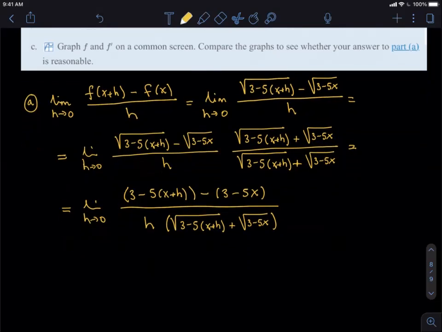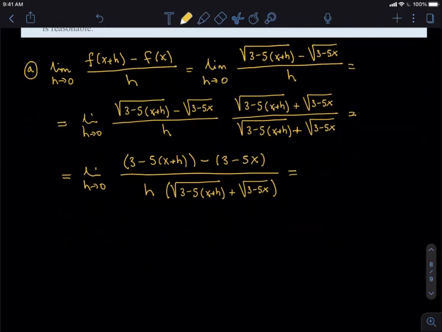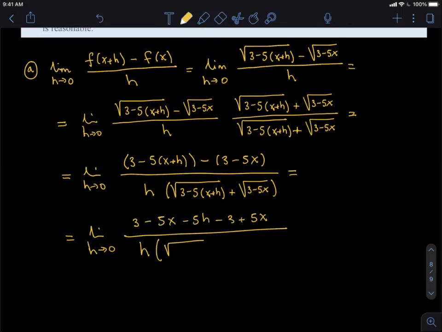Okay, and now we are in business. Because now we have 3 minus 5x minus 5h minus 3 plus 5x divided by h times the sum of square roots. Okay, and now we cancel here.